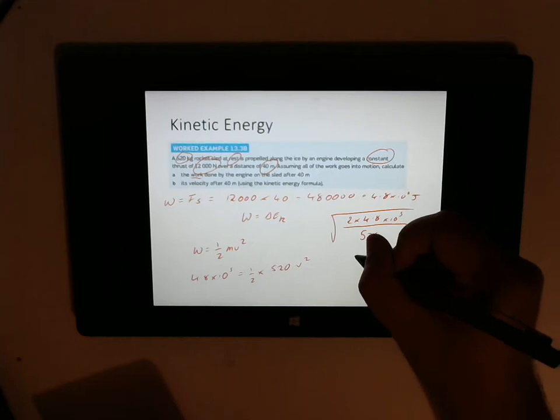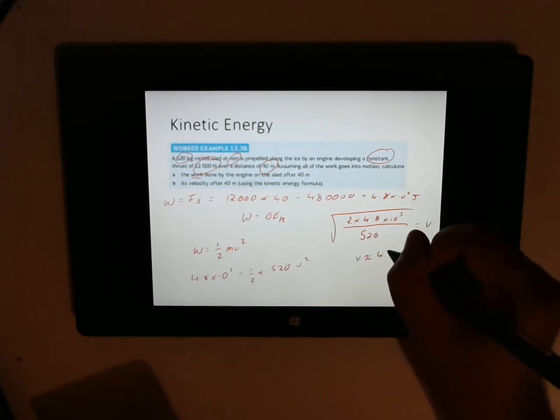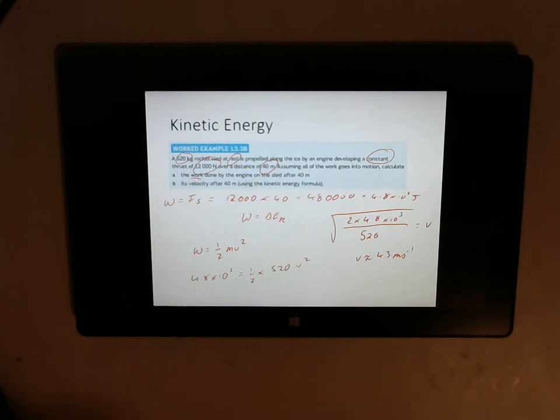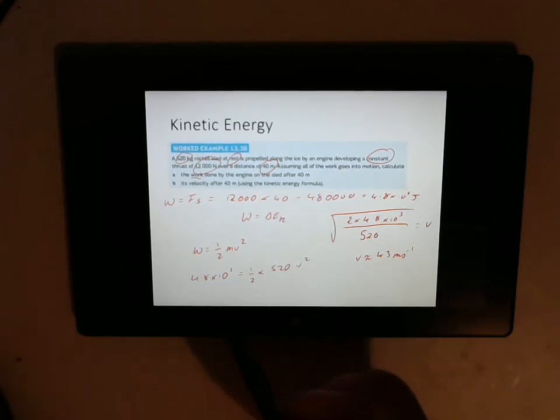We have here that v is approximately equal to 43 meters per second. Now, as I said, we could have done the other way, but the question is specifically asking us to use this formula. Okay, so be careful with things like that in the text.